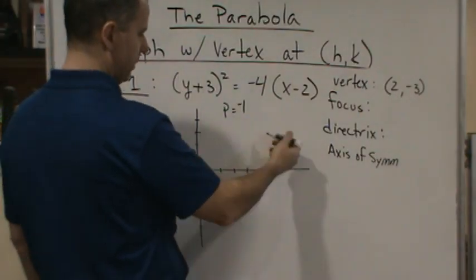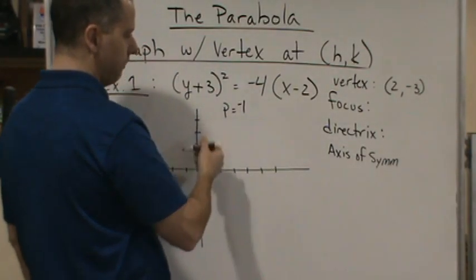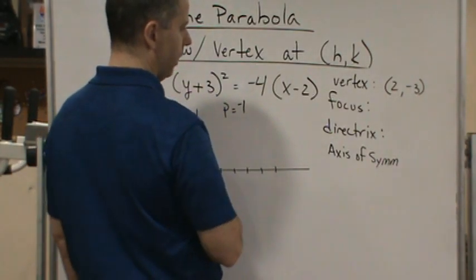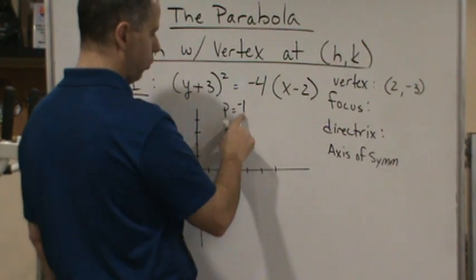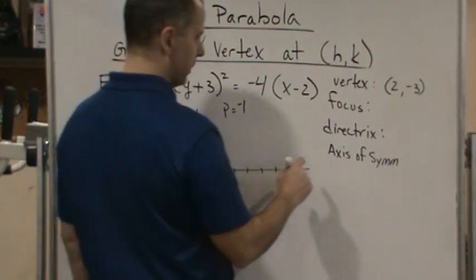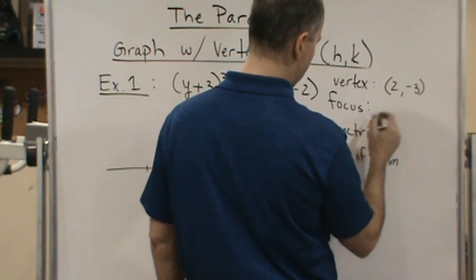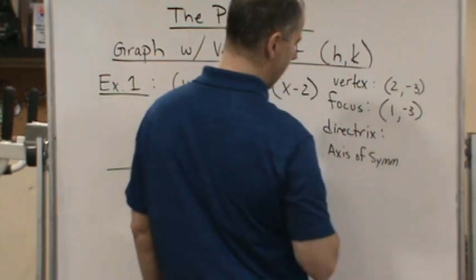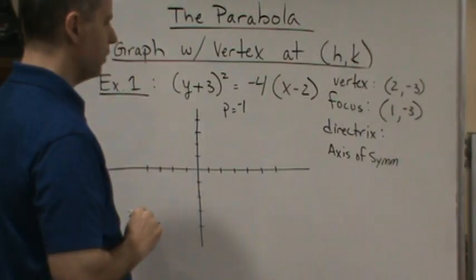So it's opening this way, and since it's opening this way, we know that the focus is to the left of the vertex. It's 1 unit left of the vertex, which means it's going to be at 1, -3.